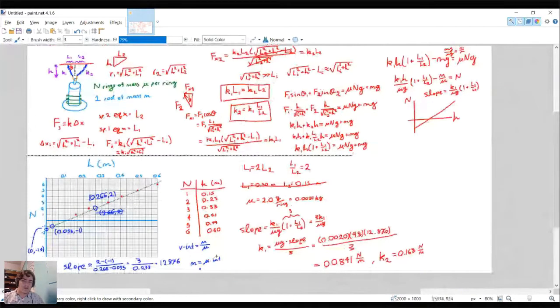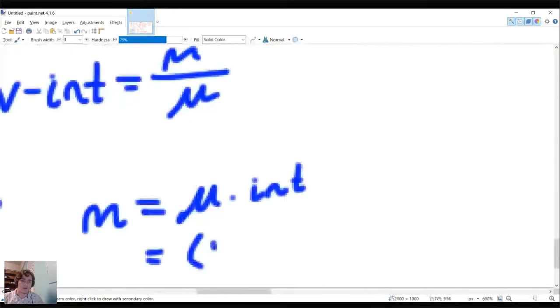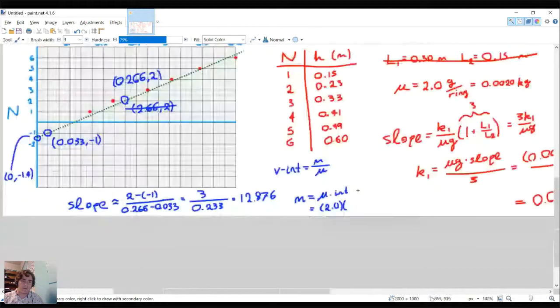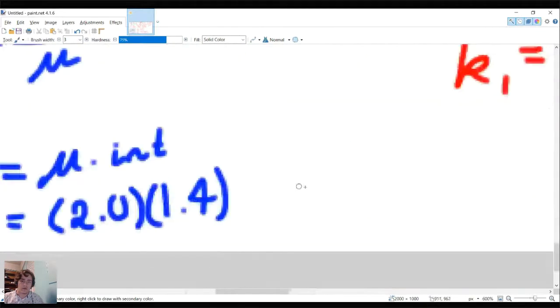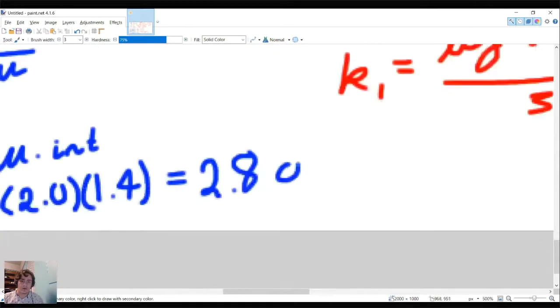So we have mu is 2.0 grams, times the intercept, which is 1.4. So the mass of the rod is about 2.8 grams.